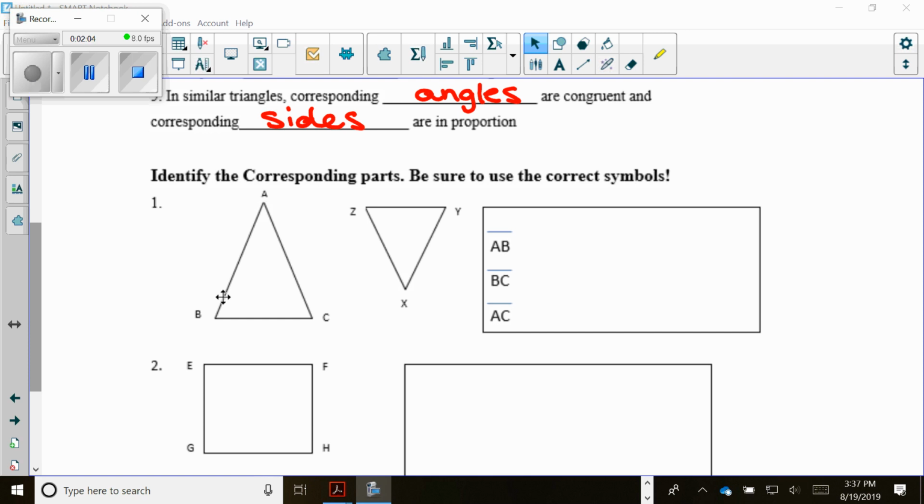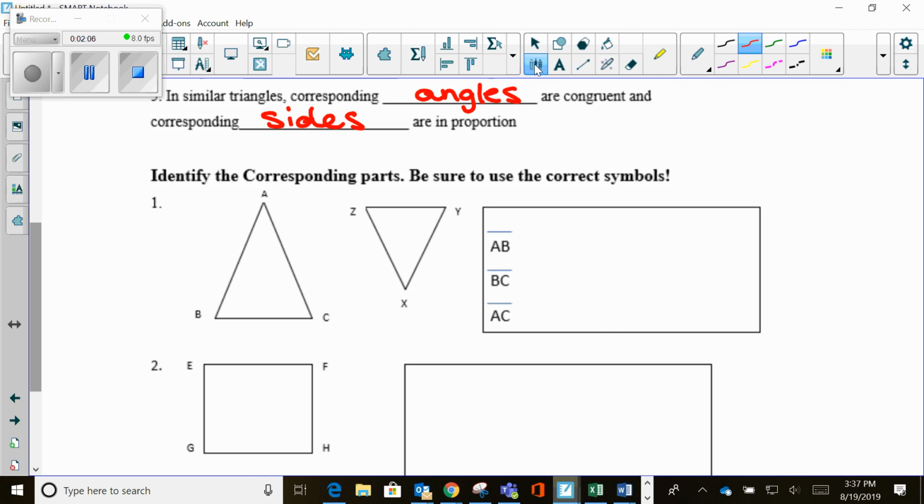This first triangle has vertices, which is plural for vertex, A, B, C. So I'm going to name that triangle, triangle ABC. You name a triangle based on the vertices, what letters the vertices are.